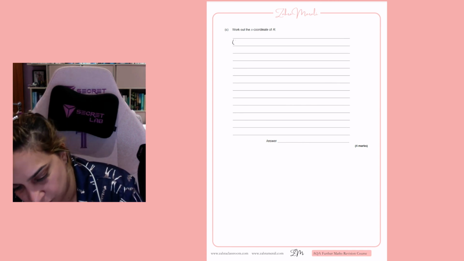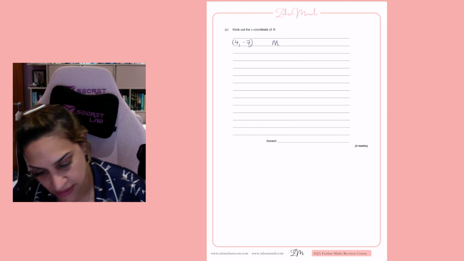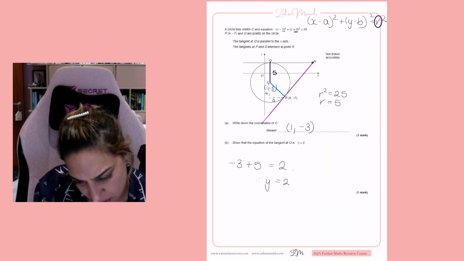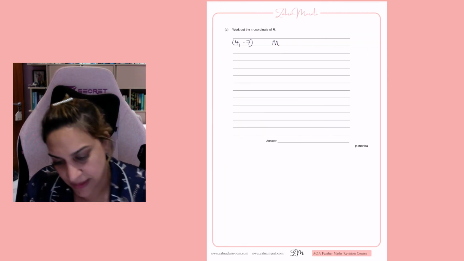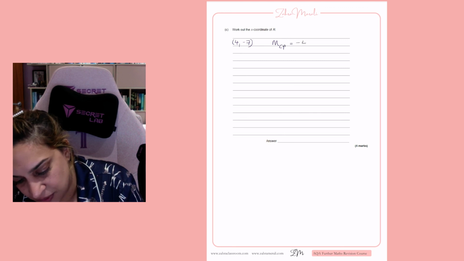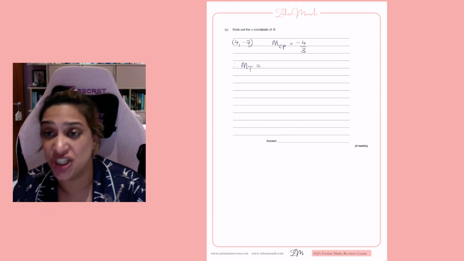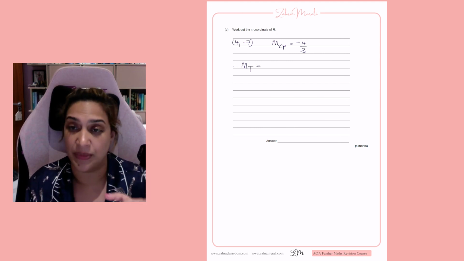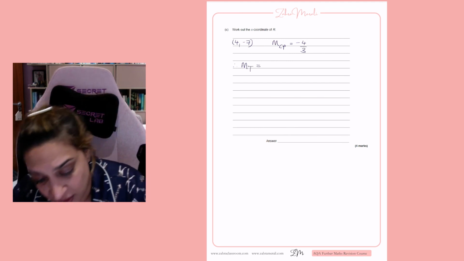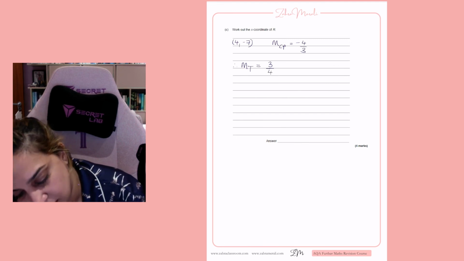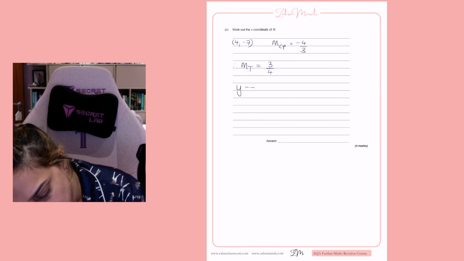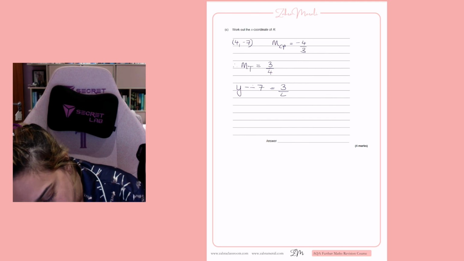So our m of C to P is minus 4/3. Therefore, the gradient of the tangent is the inverse reciprocal. Remember, flip and change the sign. So 3/4. So we do y minus y1 equals m x minus x1.